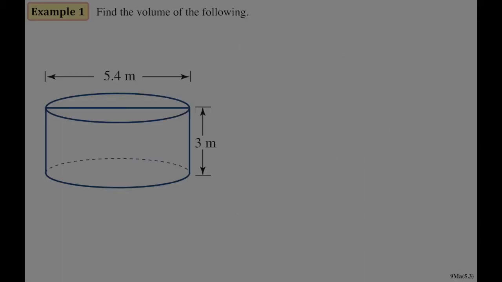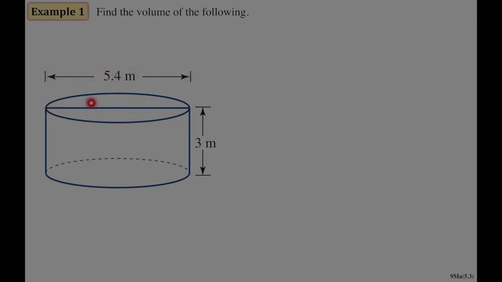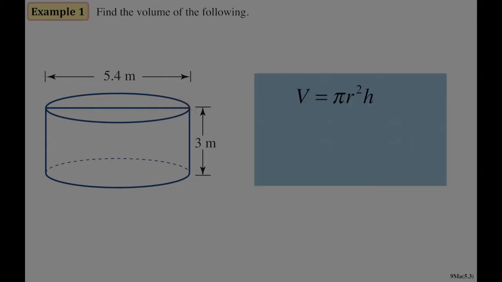Let's look at our first example. So when I'm going to look at this shape, I know it's a cylinder, and the formula for the volume of a cylinder is pi r squared h. But 5.4 metres is the distance from one side of the shape all of the way across to the other. So when I look at this particular question, the radius is not 5.4.